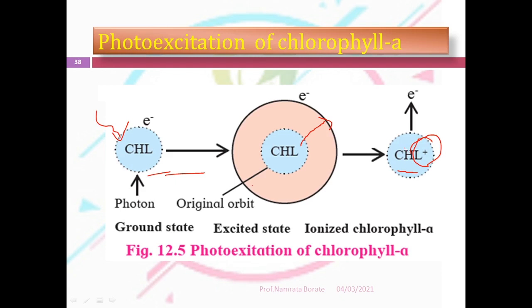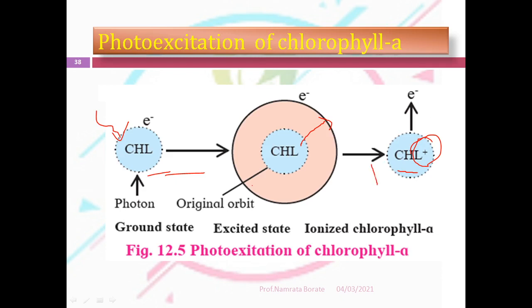This chlorophyll A molecule cannot remain in the ionized state for more than 10 raised to minus 9 seconds. Hence in a photochemical reaction, the electron transfer occurs very fast. As this chlorophyll A tries to come back to the ground state, there is a loss or emission of energy which is utilized for the synthesis of the ATP molecule.